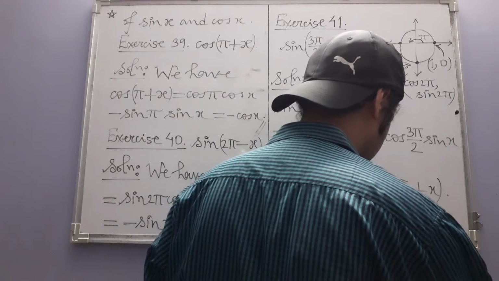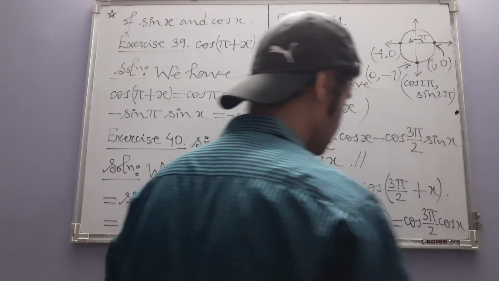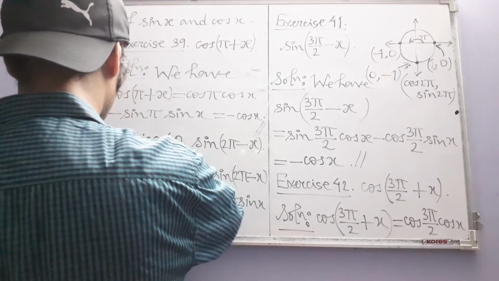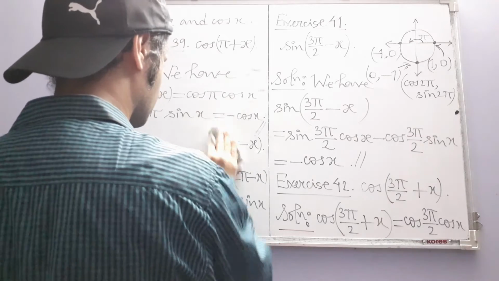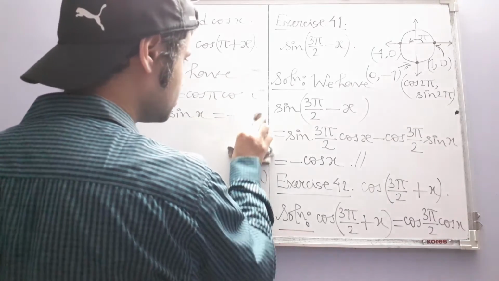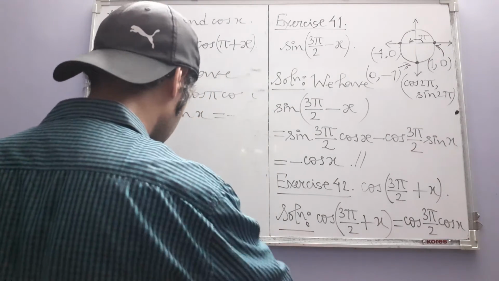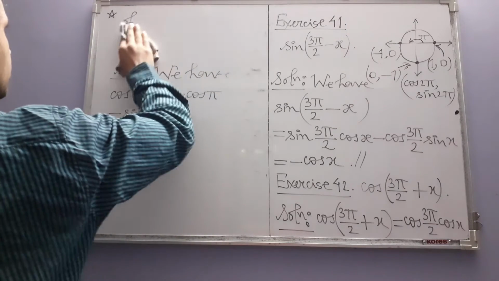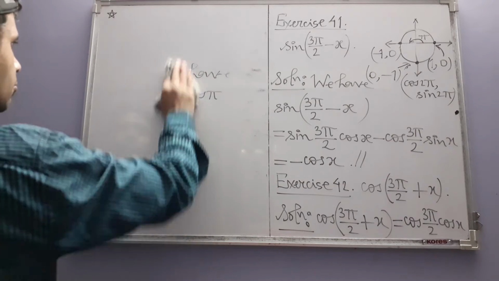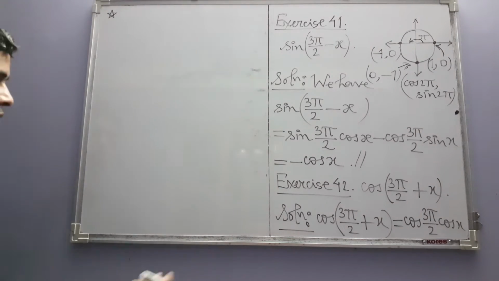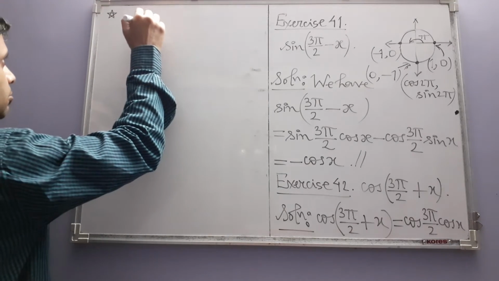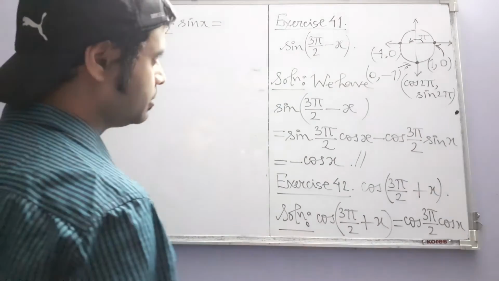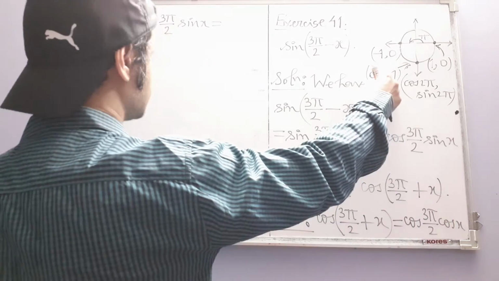Cos A plus B is cos A cos B minus sin A sin B. So again, cosine of this angle is 0 and sine is minus 1.